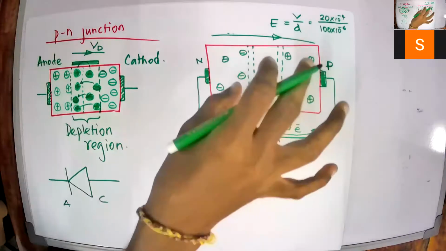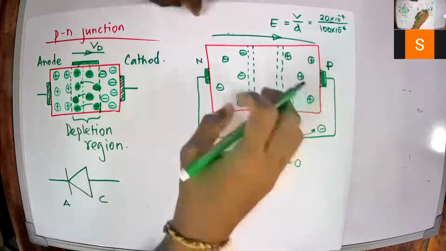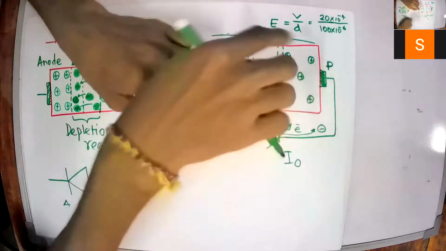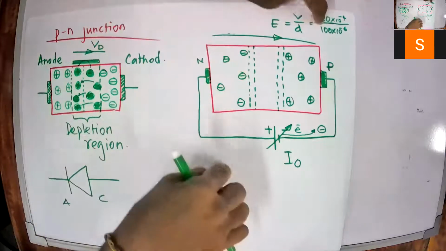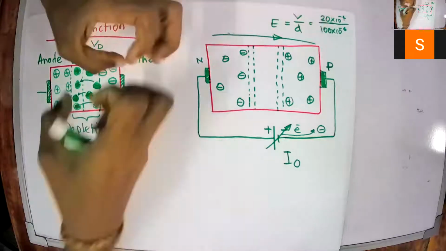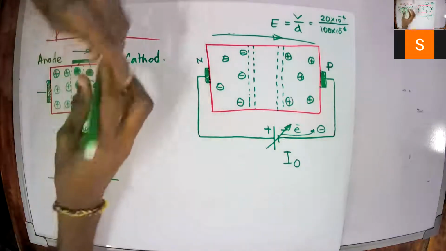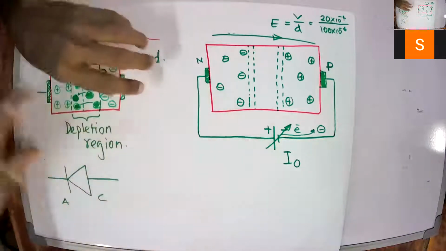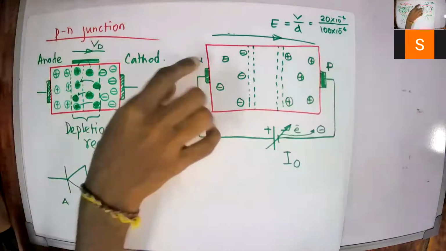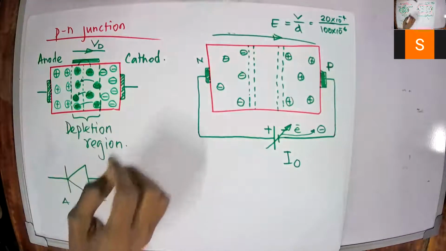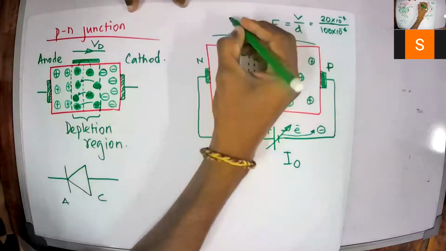What that electric field will do is, if you have a silicon atom with 4 electrons, this massive electric field will pull off the electrons from the bonds, and then that electron will be accelerated. What is the force on an electron?